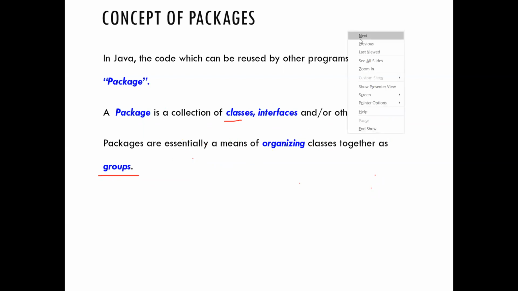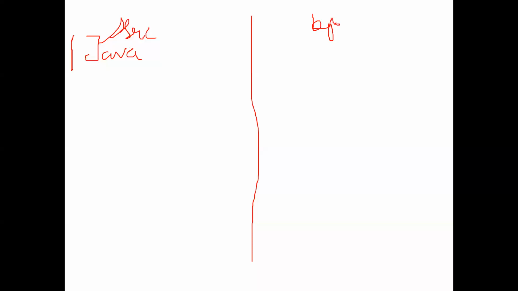Let me open up a white screen. Here, let's say I have a .java file. I can have two things: a source file and a bytecode file. Here I can say this is the Java folder.